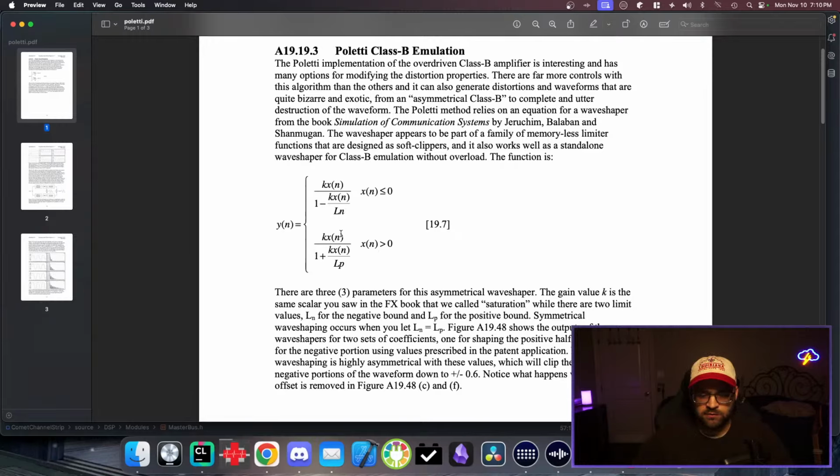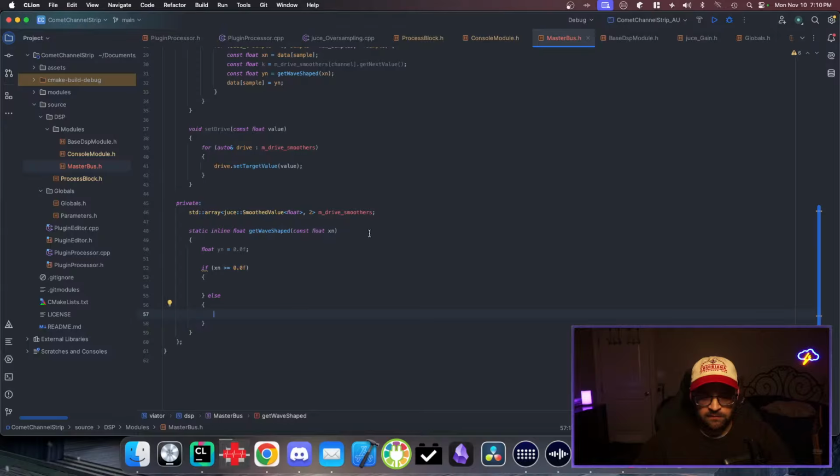We also need k, and we need our 2 limit values. So let's do that. Const float k, const float limit negative, const float limit positive. Cool.